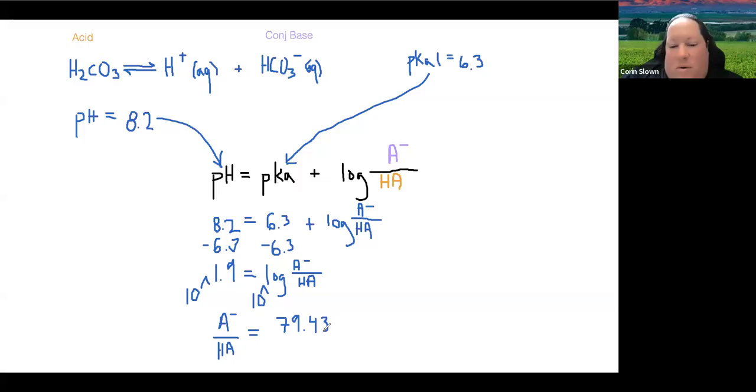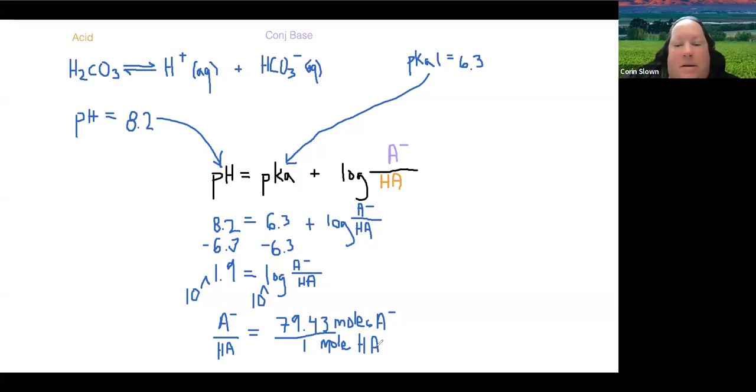Now, how do I convert that? Well, this, right, is the same as saying 79.43 moles of A minus over 1 mole of HA.